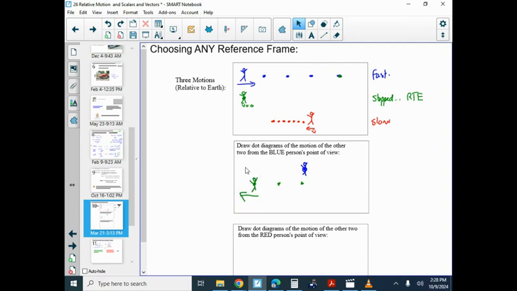What about the red person? So the red person, if you think about it, it's going to look like they're going even faster that way, right? So you're going to have this size of arrow and this size of arrow. So I'll put it like that. And so the red person's going to be going even faster this way. So the red dots would be this far apart.